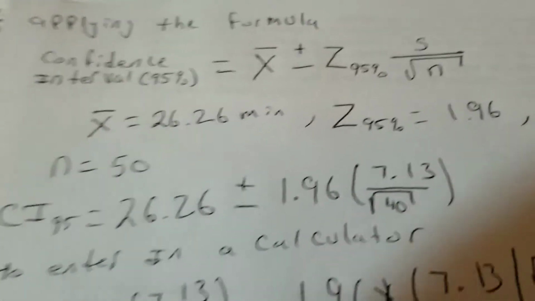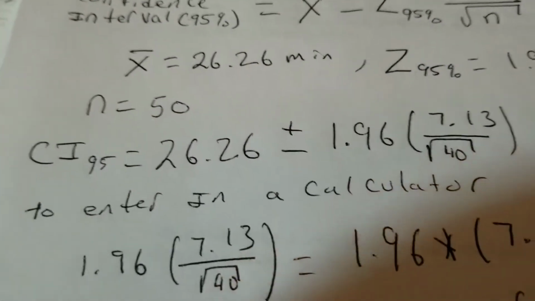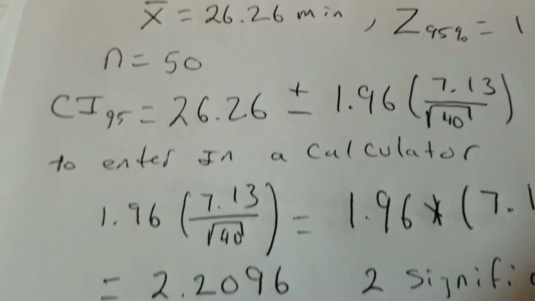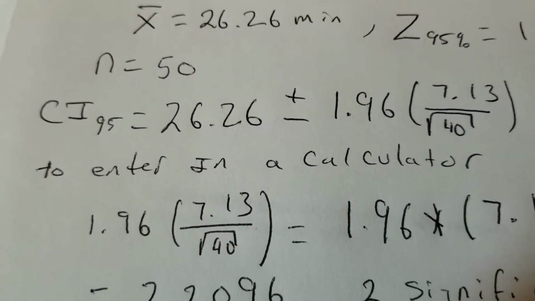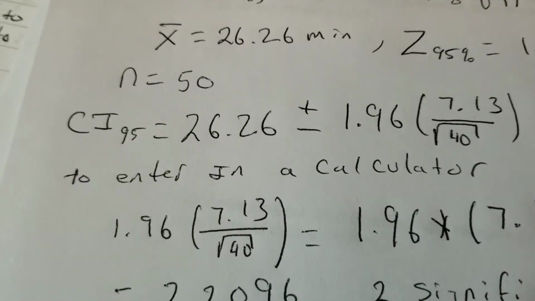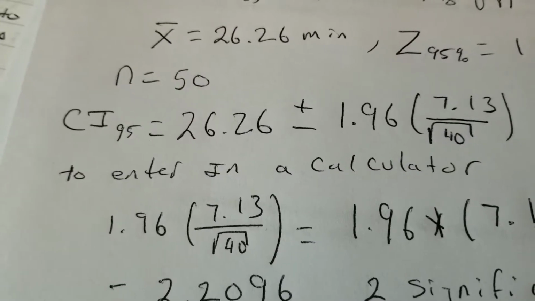Now, to enter this in the calculator, you have to basically know how to do this operation. So let's just go through an example. We have 1.96 parentheses 7.13 divided by square root 50.